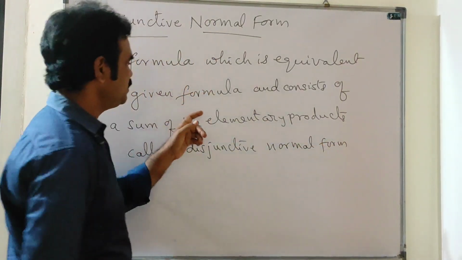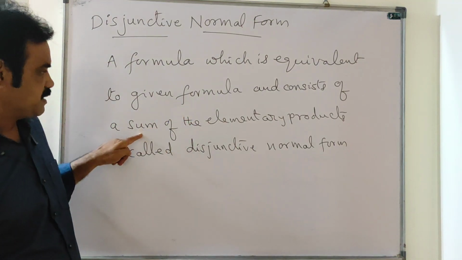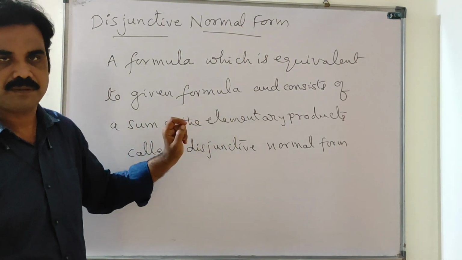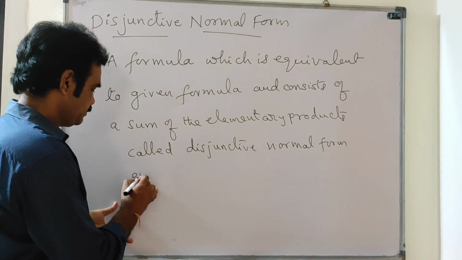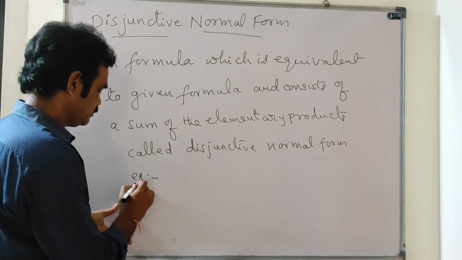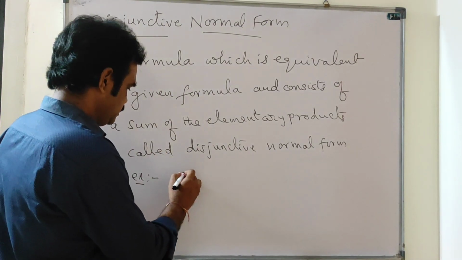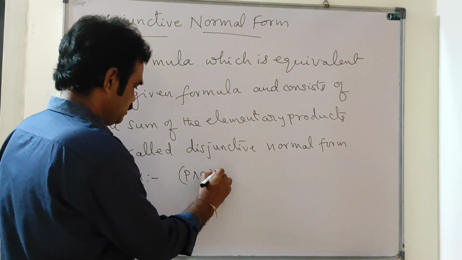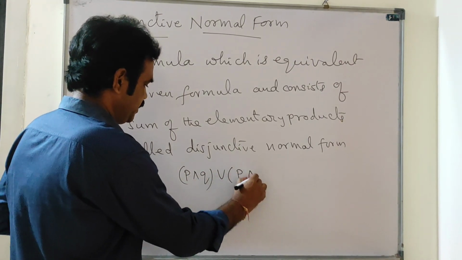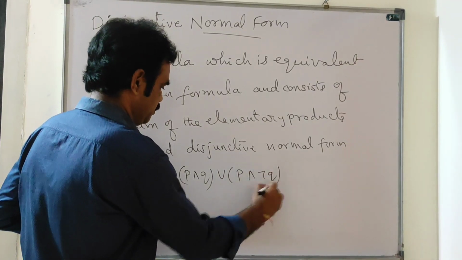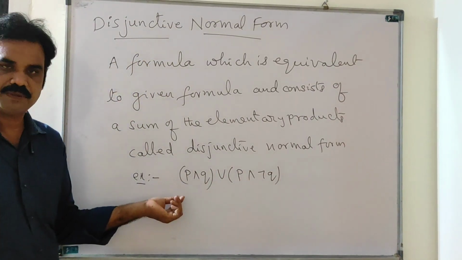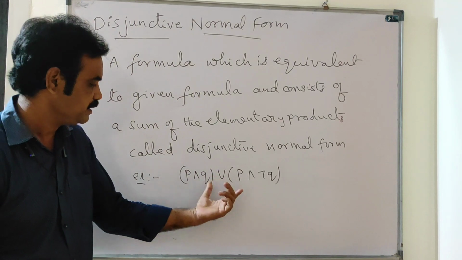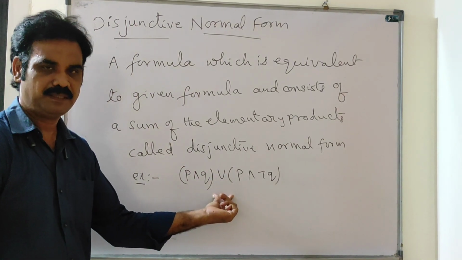That means disjunctive normal form is a sum of the elementary products. Okay. See the example. P and Q or P and negation Q. This is an example of disjunctive normal form since this is a sum of the elementary products, right?